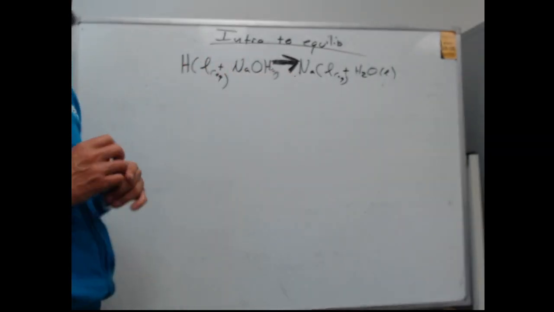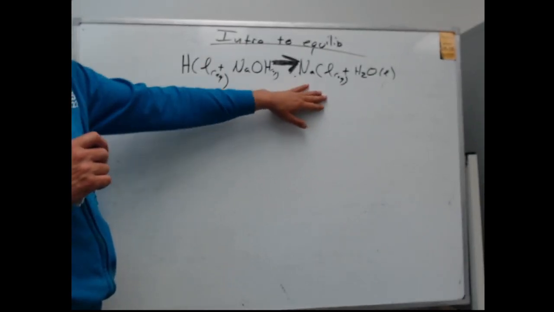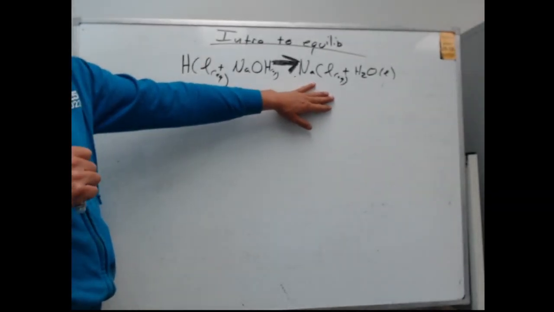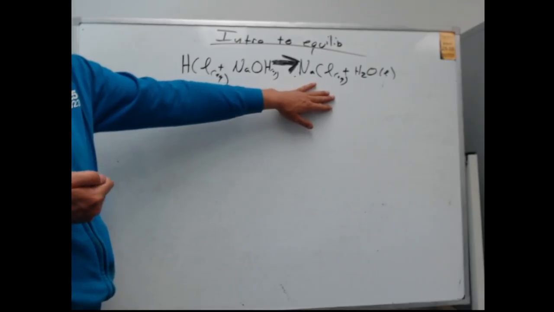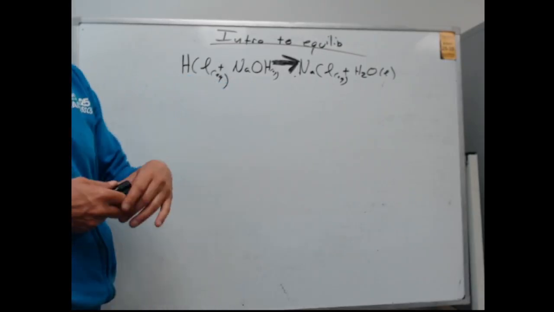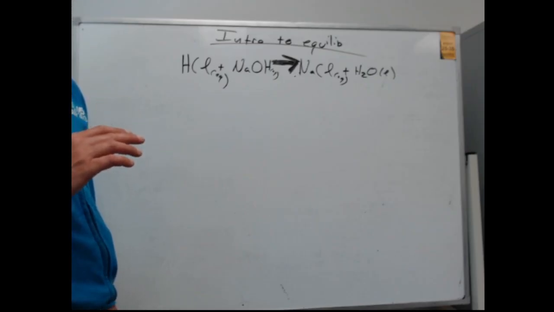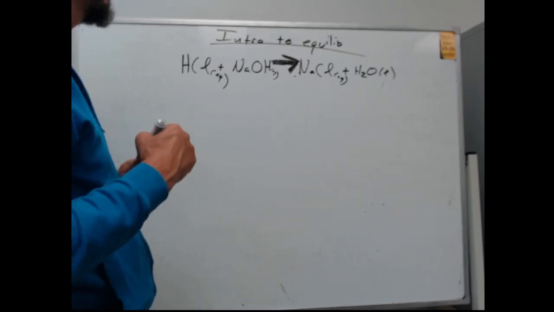For this chemical reaction, I think it's something like 1 billion times more products than reactants. So I would have to have accuracy down to like 9 decimal places in order to start to worry about this forward and backwards. And I'd have to have equipment that could measure that.